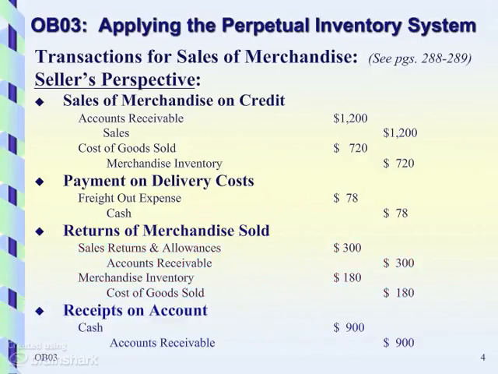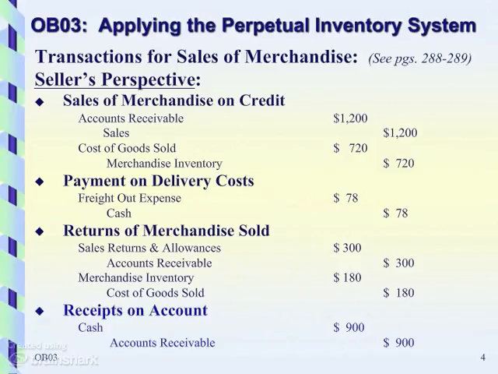The last piece of this equation is that we have to receive the amount that the buyer owes to us for the actual net amount of goods that they purchased. So we reflect that we received cash of $900 and we reduce our accounts receivable by the $900. Again, if you think about it, in the first transaction, we have a sale on account for $1,200.